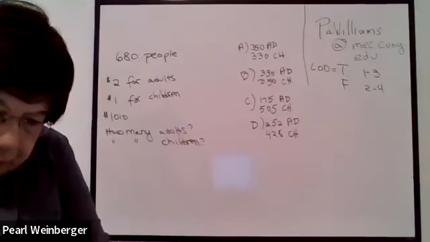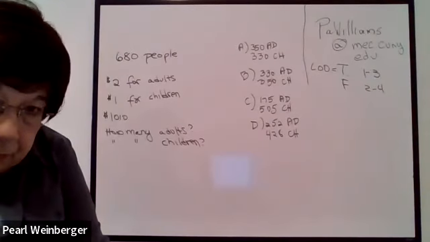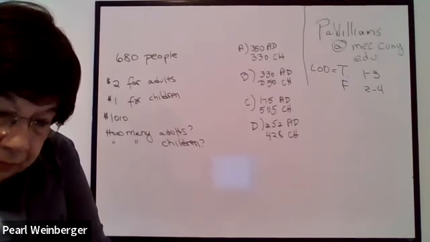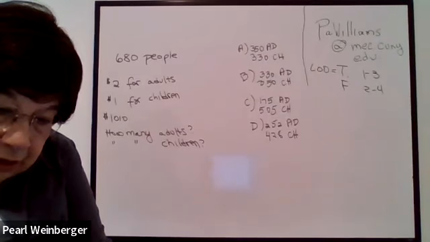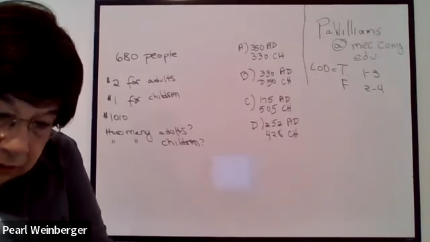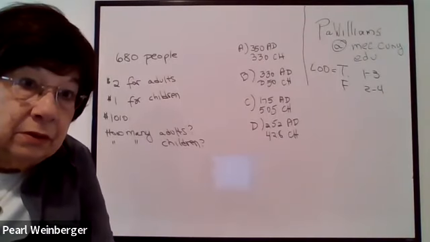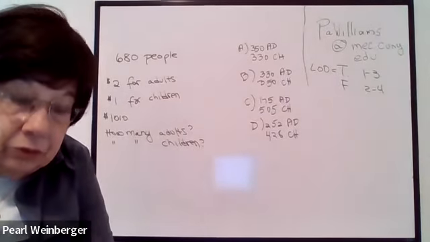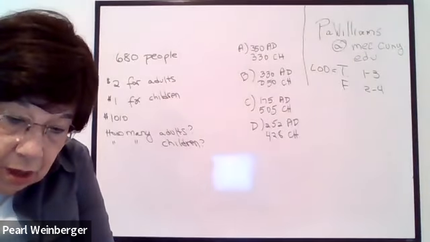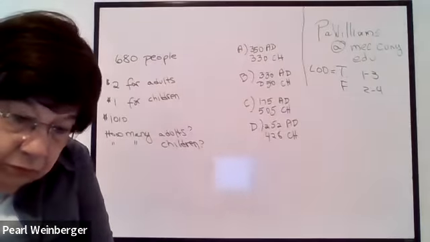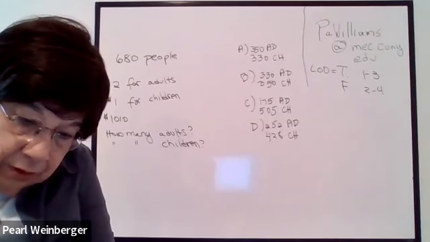Demetrius. Desmond. Desmond Fleming. Shania. I think Shania told me she was here before. Kayla, I know you're here.